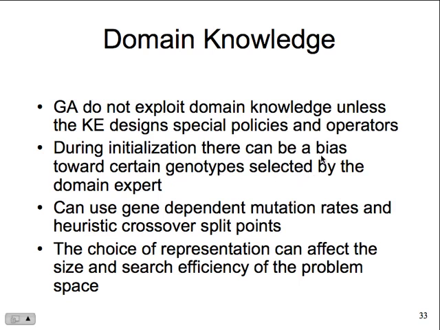And then also during the initialization, there may be a bias towards a certain genotype selected by the domain expert. Well, that's the Hitler phenomenon. He thought that Germans were the best. So his bias was toward everyone who met his criteria for what he wanted to do. And you can also use gene-dependent mutation rates and heuristics for crossovers and splits.